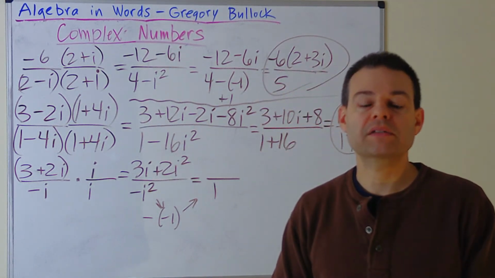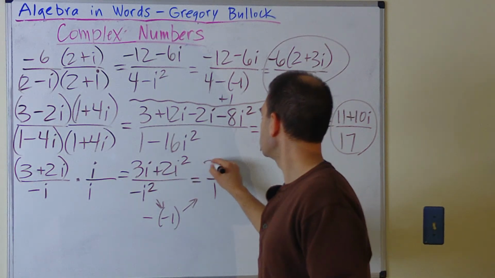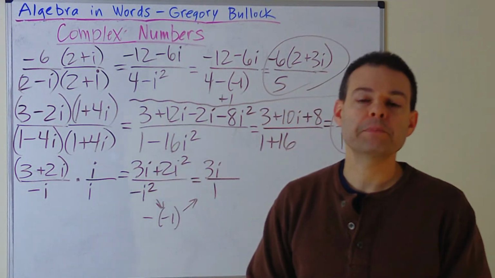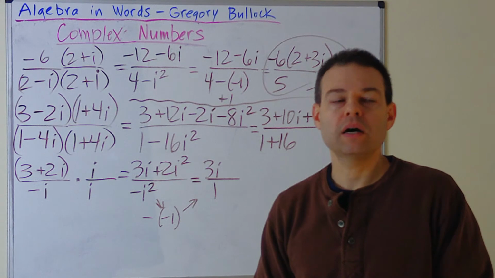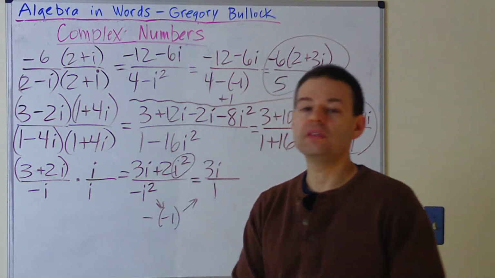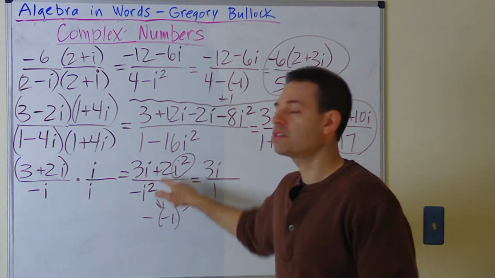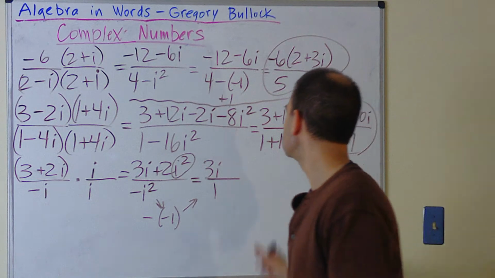And then if we go back to simplifying the top, let's write the 3i, and then where we have 2i squared, let's convert the i squared into negative 1, and then negative 1 times positive 2 makes negative 2.